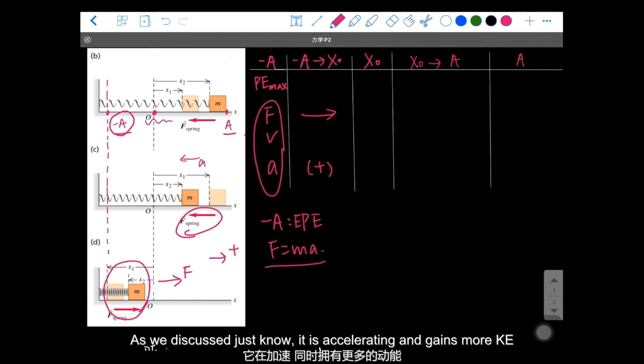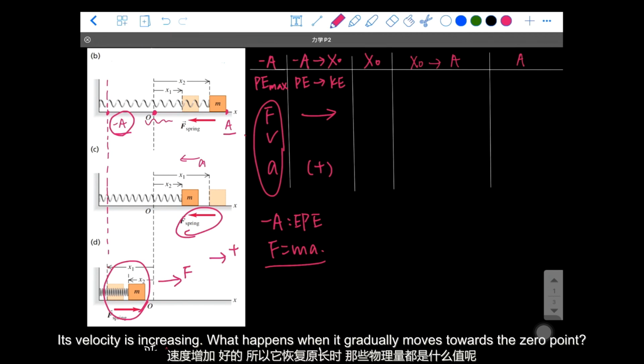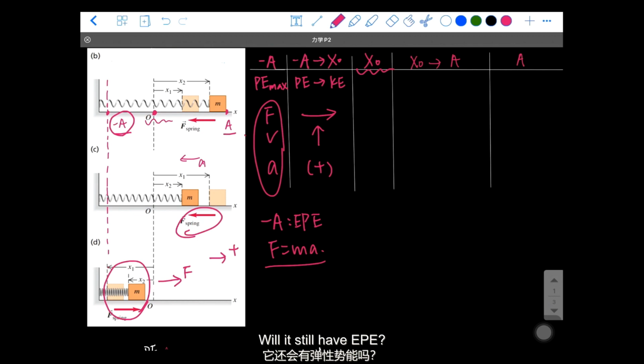As we stated, it is accelerating, so it gains more kinetic energy. It is experiencing a conversion from potential energy to kinetic energy. Its velocity is increasing, and what happens when it gradually reaches the point x0, which is the original length of the spring? Will it still have elastic potential energy?